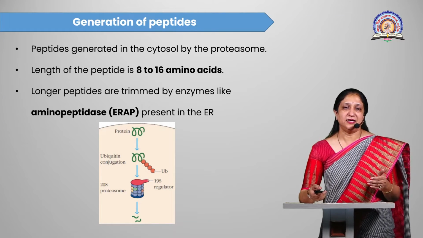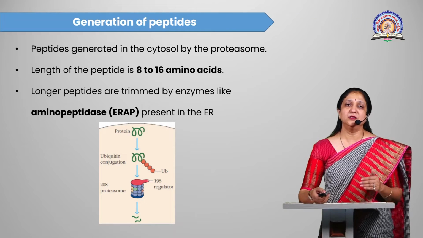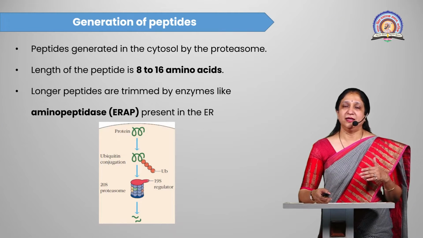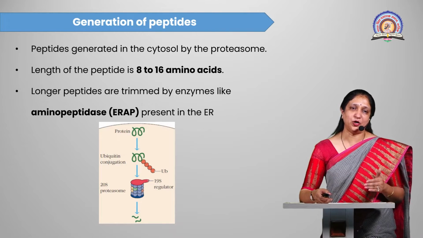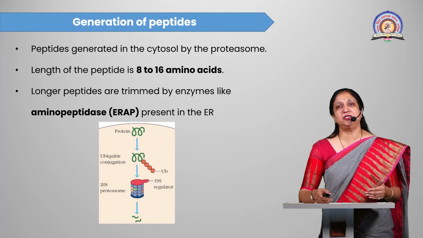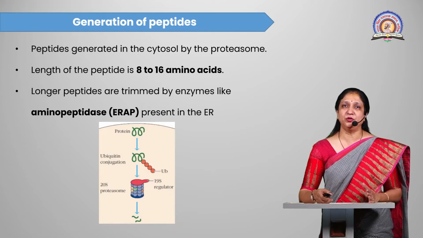Now you can see that the protein is first targeted with ubiquitin. This ubiquitinated protein binds to the 19S regulator. An important function of the 19S regulator is that once the ubiquitinated protein binds to the regulatory subunit, it cleaves off the ubiquitin from the protein.